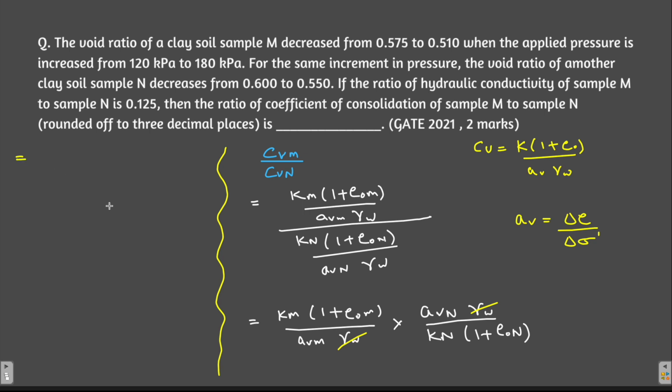That means Km by Kn. Okay, so Km by Kn, let me separate them. Km by Kn into 1 plus e naught m by 1 plus e naught n into avn by avm.